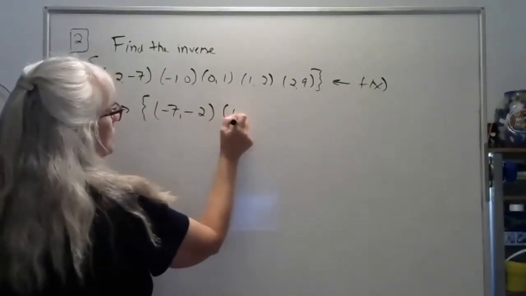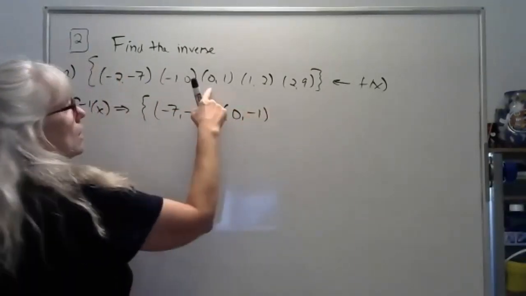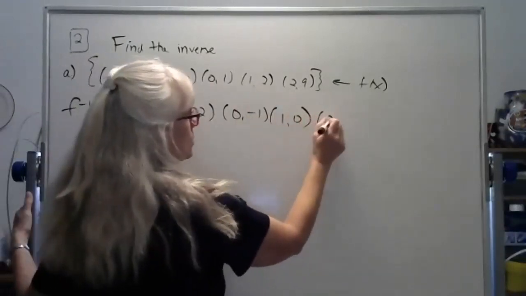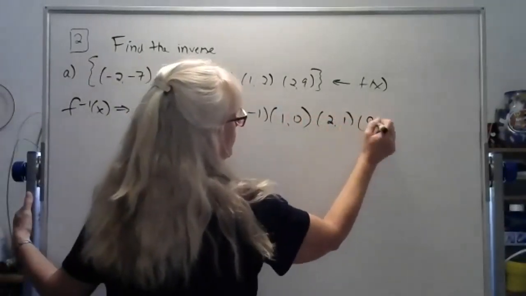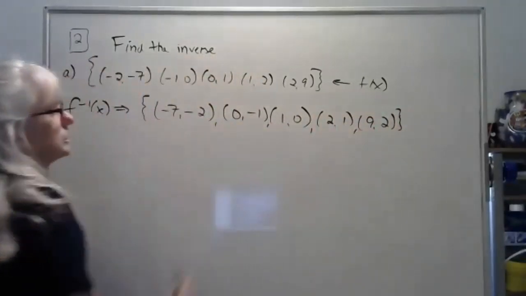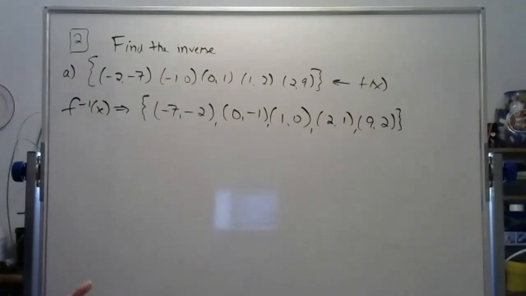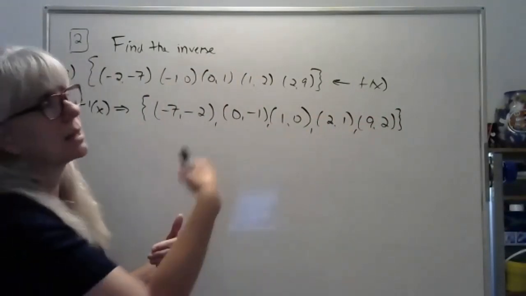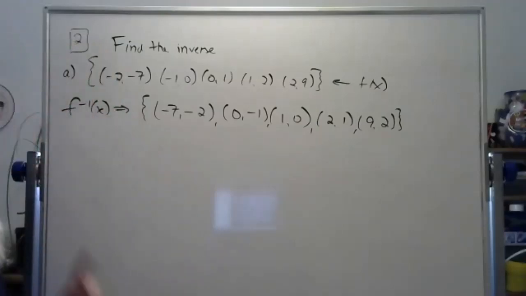So then the next point would be 0, -1. The next point would be 1, 0. The next point would be 2, 1. And the last point would be 9, 2. So all we did is we took our domain and switched it to the range of the inverse. We took the range of the original and made it the domain of the inverse. So you're just switching the x and y values.